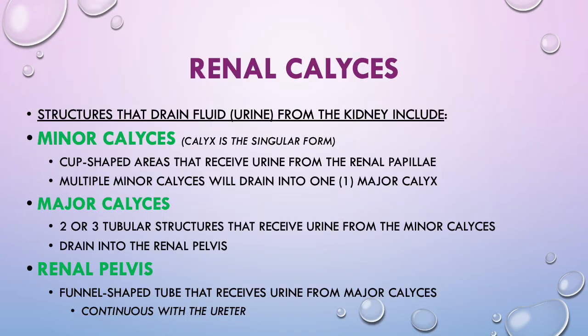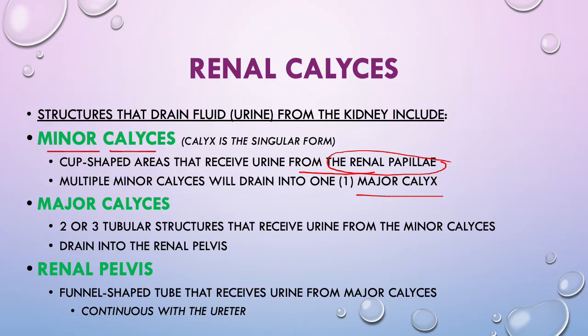Okay, so the renal calyces are these kind of cup-shaped structures. So there is a minor calyx, okay, and this one receives the urine from the renal papillae. So we're talking about the tip of that pyramid, right? Then they drain to one major calyx, okay?